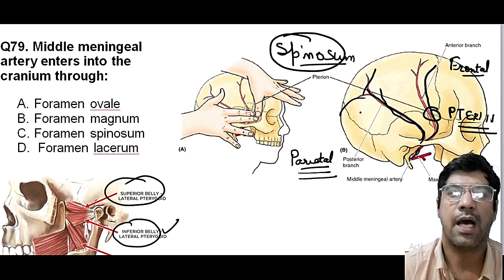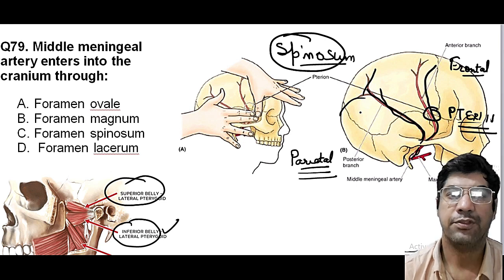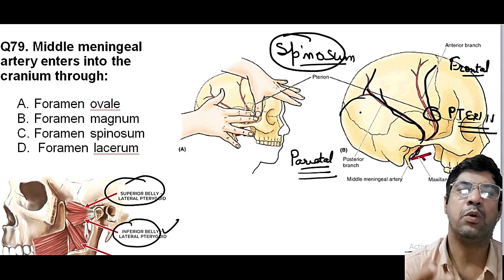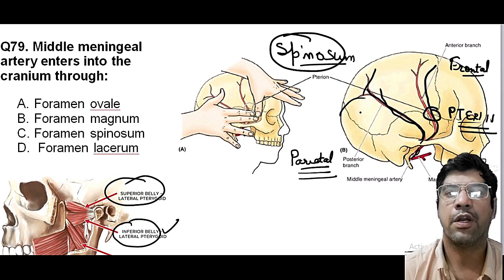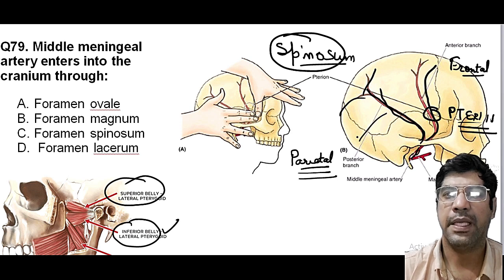Understanding the middle meningeal artery path and its relation with important structures of the brain is crucial for surgeons. In case of emergency, they need to know where this artery is and how to handle it carefully in order to prevent bleeding around the brain that can even be life-threatening.